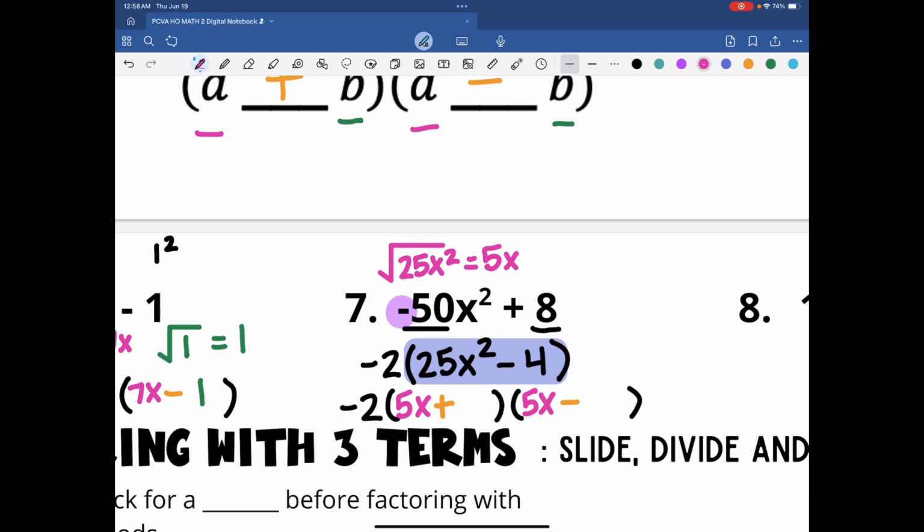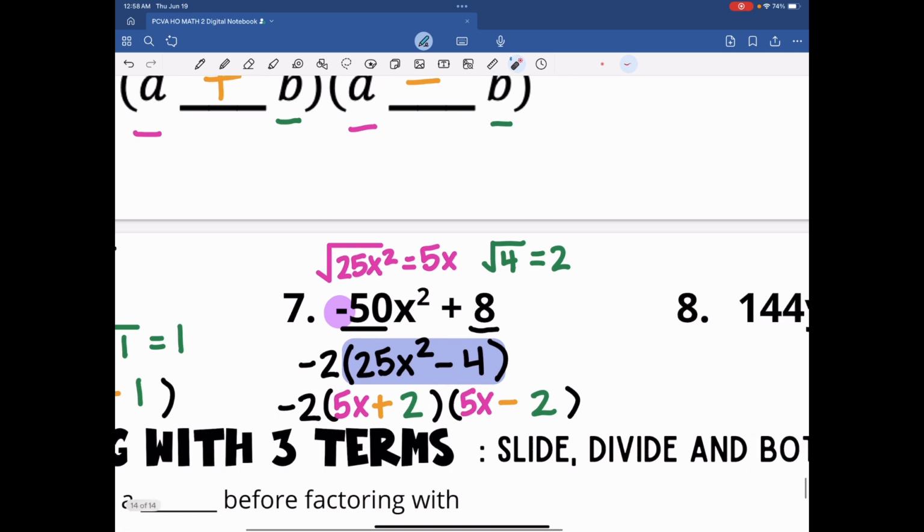And then we're also going to take the square root of 4, which is going to be 2. So that's going to go in the second spot of both parentheses. And again, if I multiply this out, I could distribute this in, get different numbers in that term, and then multiply it, and it would give me the same original polynomial or quadratic that I had.